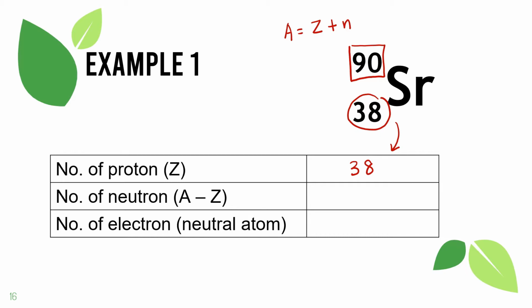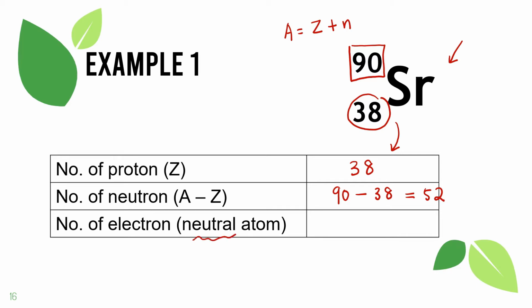So in order to find the number of neutrons, that will be A minus Z. So we have 90 minus 38, so the answer will be 52. And the last one will be the number of electrons. For this atomic notation, you can see that on top of here, there is no charge on the atom, meaning that this atom is a neutral atom.